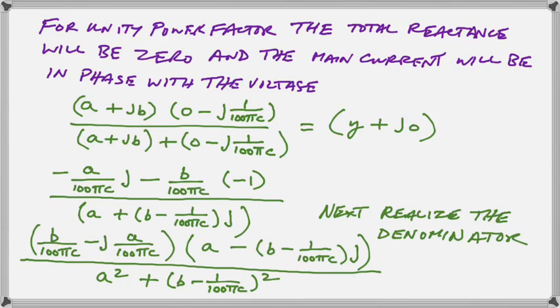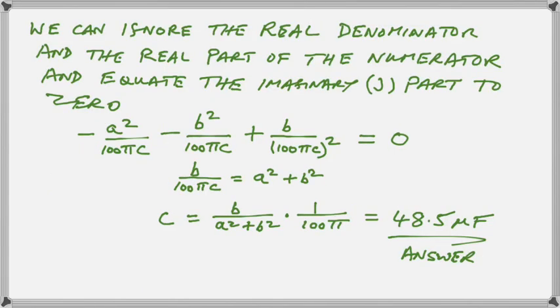And after we've done that, we can ignore the real denominator and concentrate on the imaginary part of the numerator, which we want to be 0. So there we've picked out the imaginary part from the expression that we had on the previous page, and we've made it 0. So those terms relate to the imaginary part, which we've equated to 0 there.